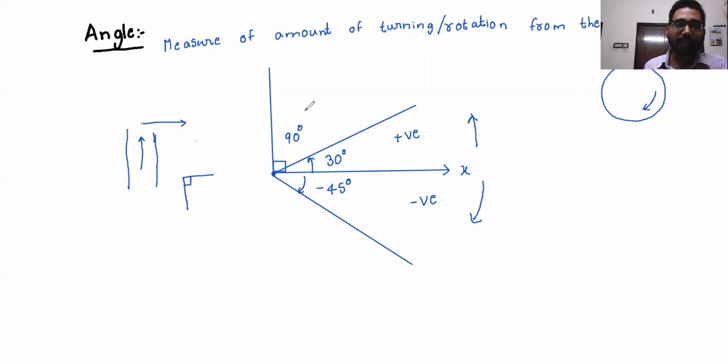Now to measure angles, there are actually three scales, but we use only two most of the time. In mains and advanced level, we use only two scales, that is degrees and radians. The third scale is grades, right? So let me write those three scales.